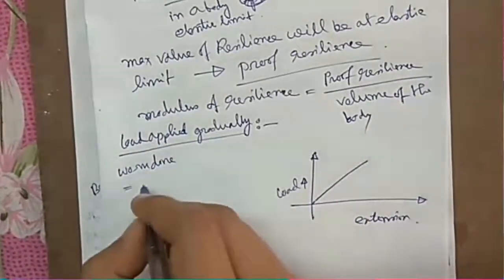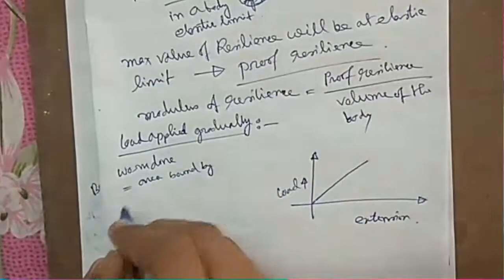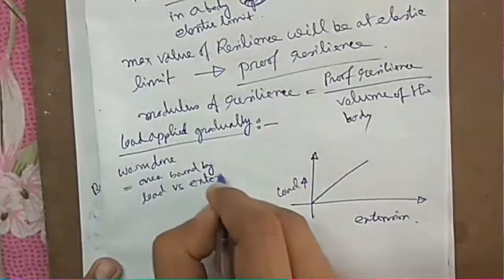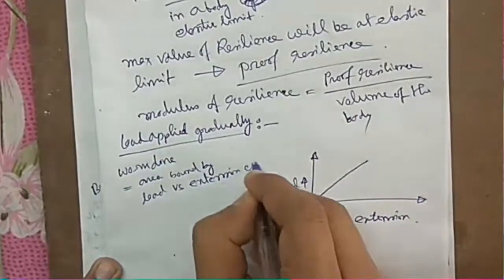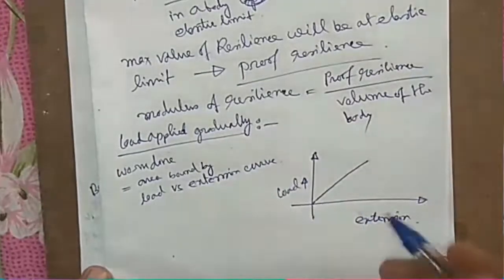Work done will be equal to the area bound by the load versus extension curve.